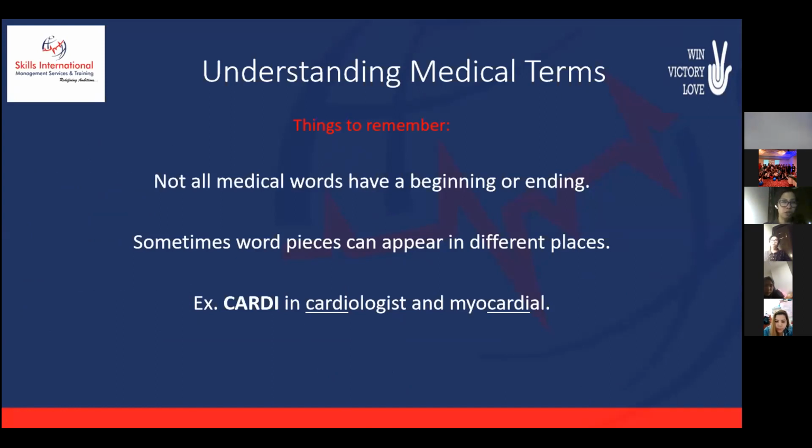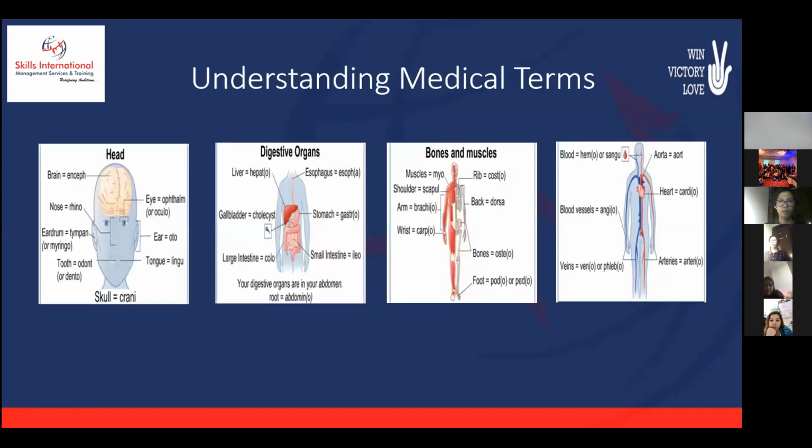So, your cardiologist is the doctor, specializes in heart problems. While myocardial, this is the muscle of the heart. Because the term myo means muscle. So this is muscle of the heart. We will know that later. Pero at least alam nyo lang na pwede siyang mag-mix and match, intermix sa word.